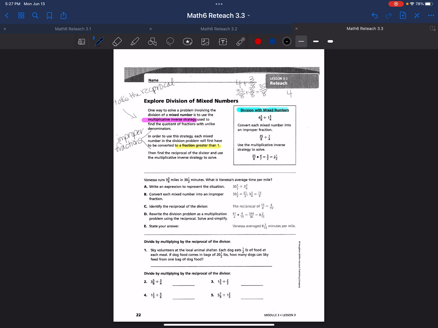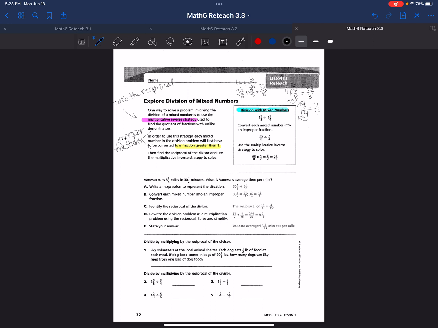We can also think of the mixed number 4 3/8 and get an improper fraction by saying 4 times 8 is 32 plus 3 is 35. And you always keep the same denominator when you're converting. So that's where they're getting the number here. And then they did the same for 1 3/4. 1 times 4 is 4, plus 3 is 7.